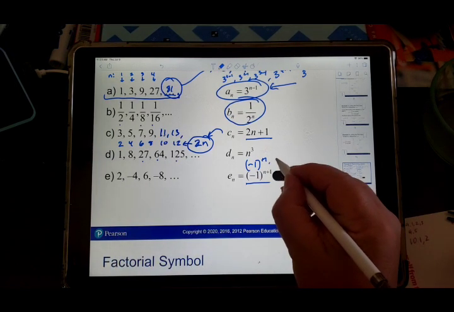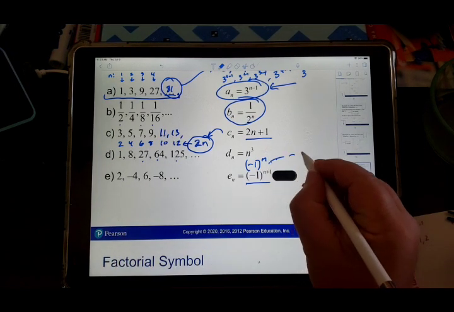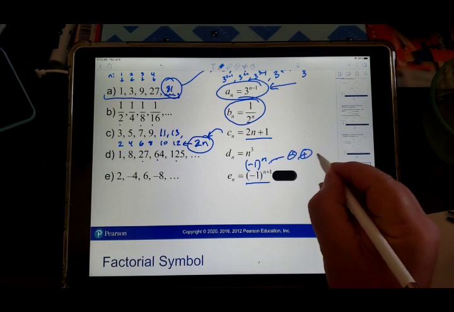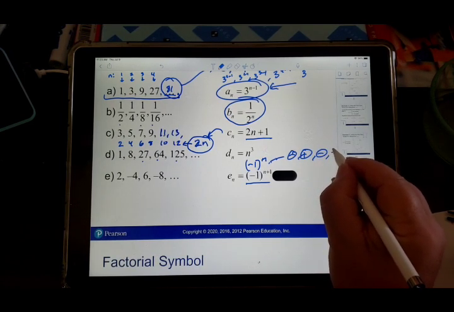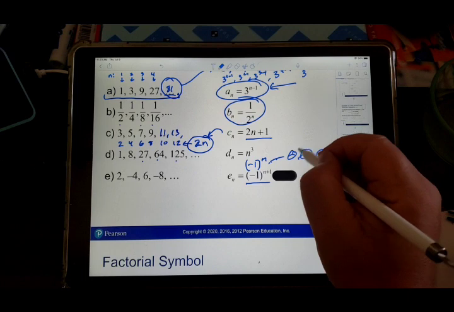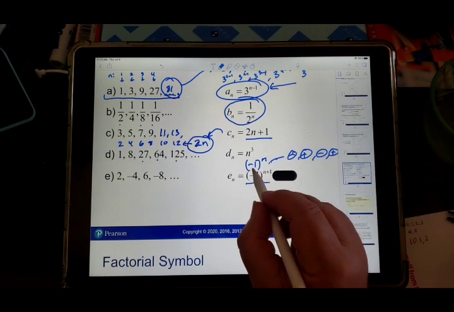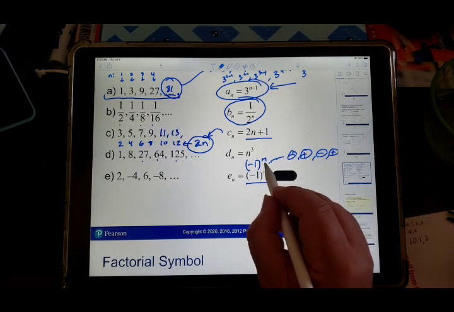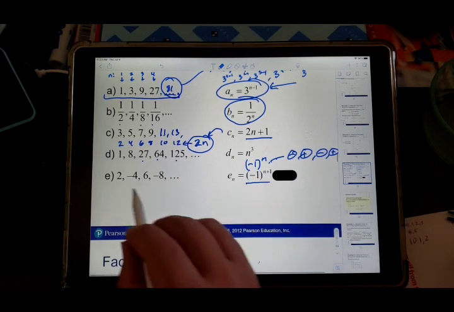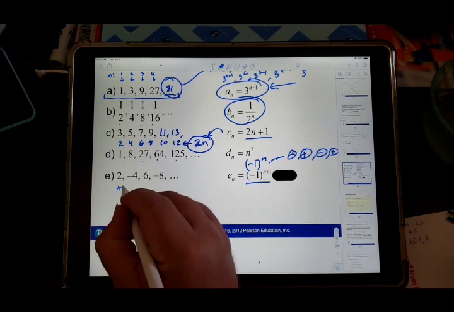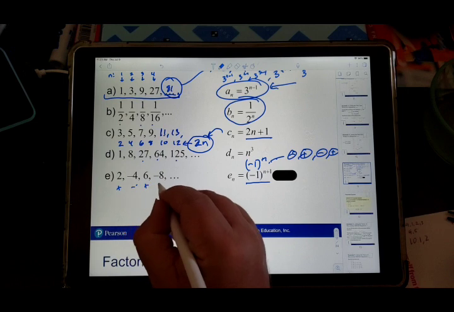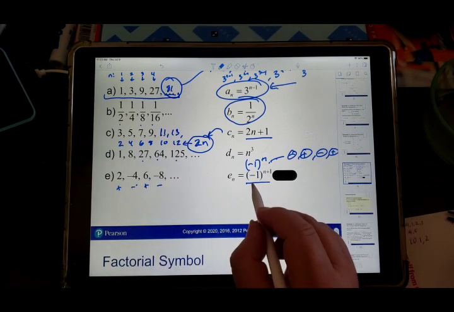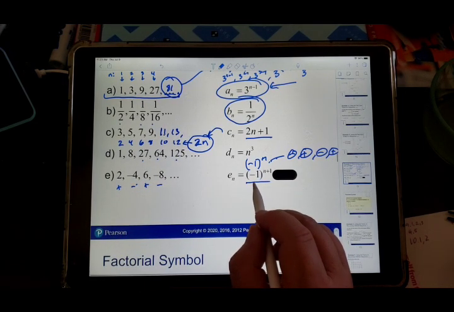So if you see the sign start negative, then positive, then negative, then positive, if it switches like that, that would be minus 1 to the n. If it starts positive, then negative, then positive, then negative, we just put this in it.